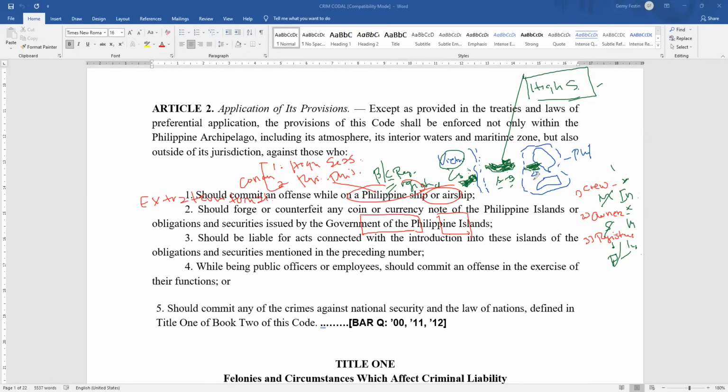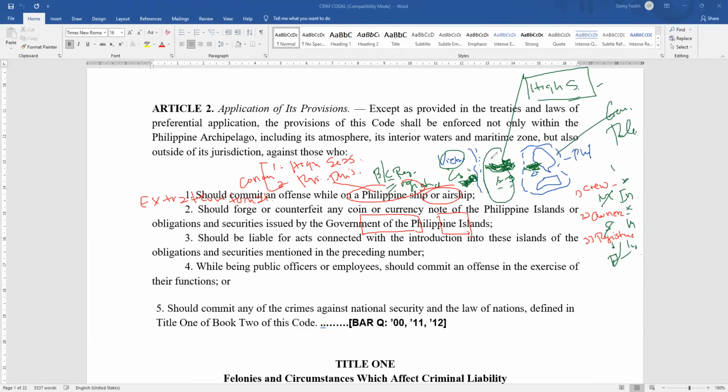It is within the Philippines. So we apply what? The general rule. So all crimes committed within the Philippine territory, Philippine courts have jurisdiction to try the case. When it's within the territory of the Philippines, you apply already the general rule. Wala na tayong pakialam if it is registered in the Philippines or not.